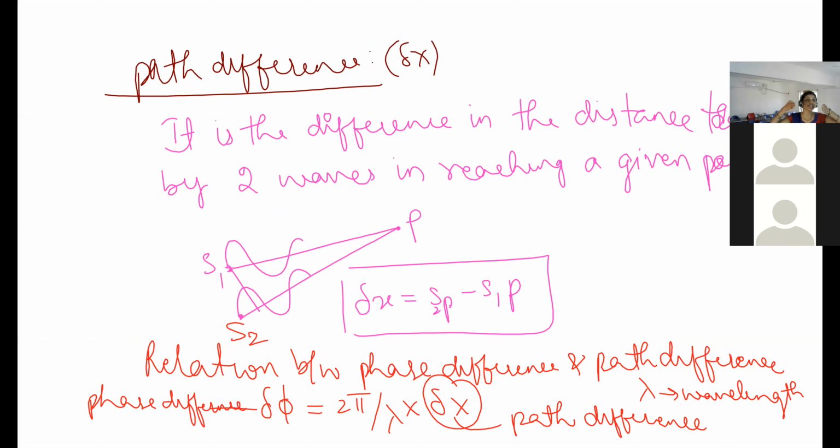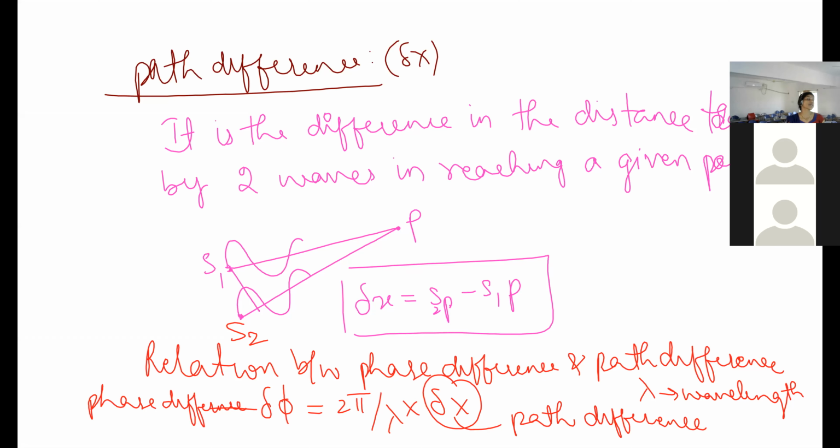These two waves are going to meet at a point P. The difference in distance traveled by the two waves in reaching the point P is represented by delta x, where delta x is the path difference between the two waves S1 and S2 in reaching the point P. S2P is the distance traveled by the second wave in reaching the point P, and S1P is the distance traveled by wave 1, S1, in order to reach the point P. Mathematically, delta x is equal to S2P minus S1P.